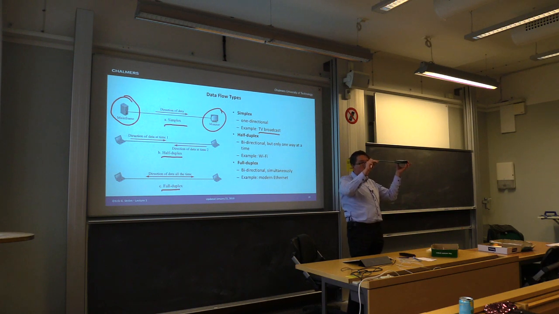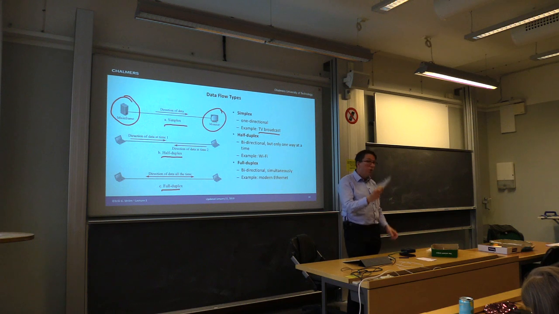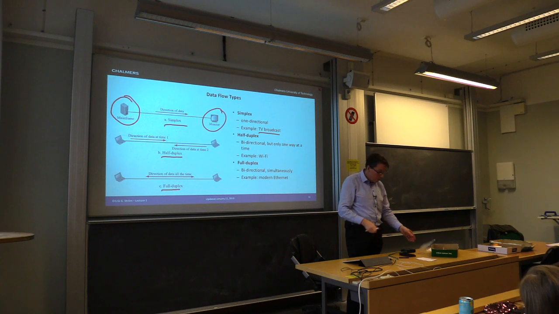For this device, I happen to know that this cable supports duplex, so data can go in both directions. It also supports full duplex, so data can go in both directions at the same time. And one reason for that is because there are many cables inside of this one. Some cables are used in that direction, some cables in the other direction.